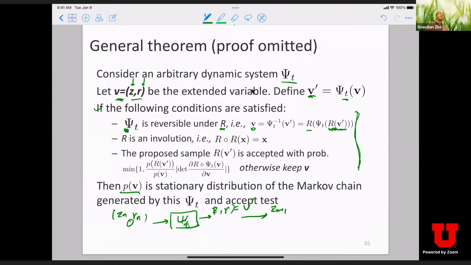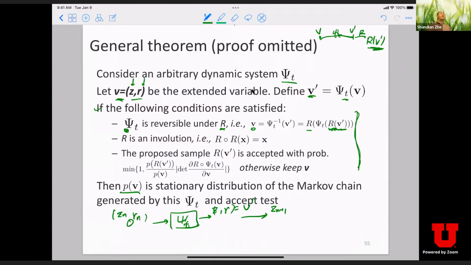Does it make sense? If I want to generate a proposal, I first start from the current v and get v prime, but it's not finished yet. We apply an additional operation R over v prime, so R v prime is the actual proposal.